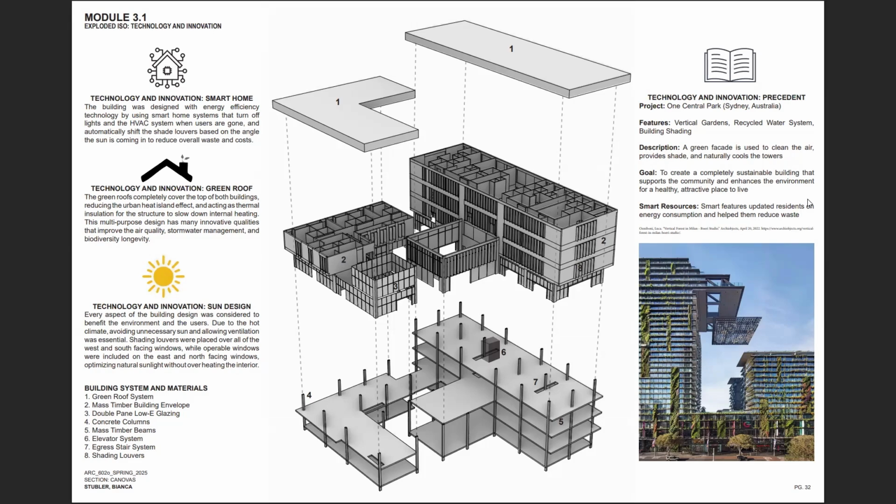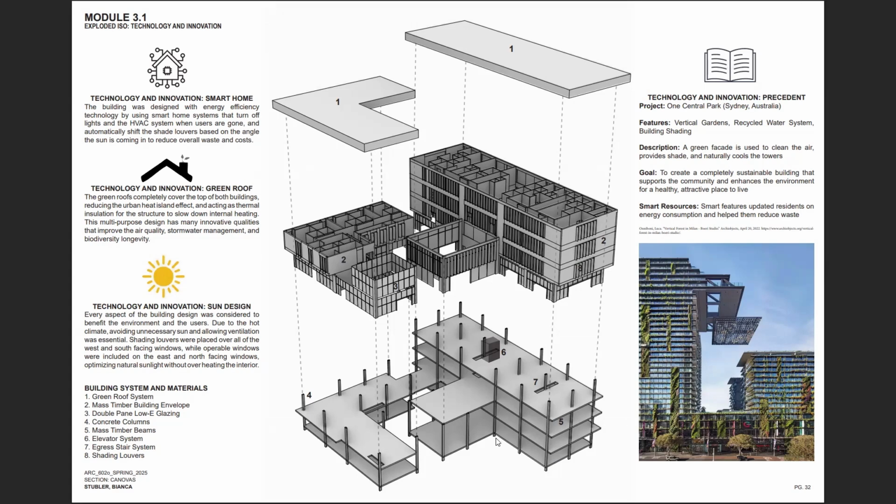And it also will inform users of their energy efficiency and how much consumption is being used. And then the sun design, again, shading louvers put on those specific windows. And then I just highlighted the building system and materials from the green roof to the timber structure, the columns, and the shading louvers.